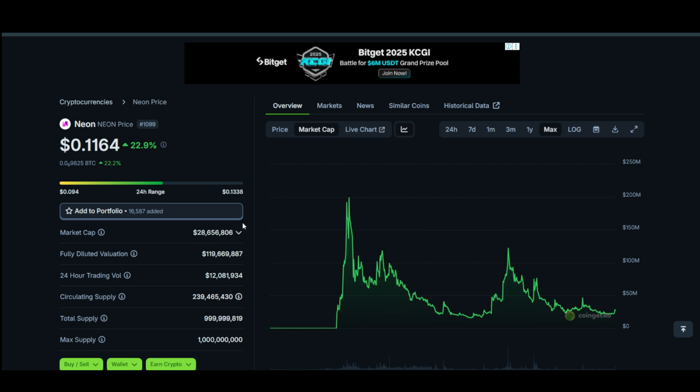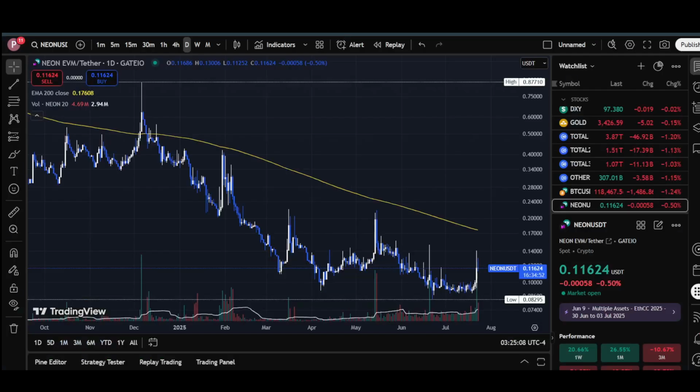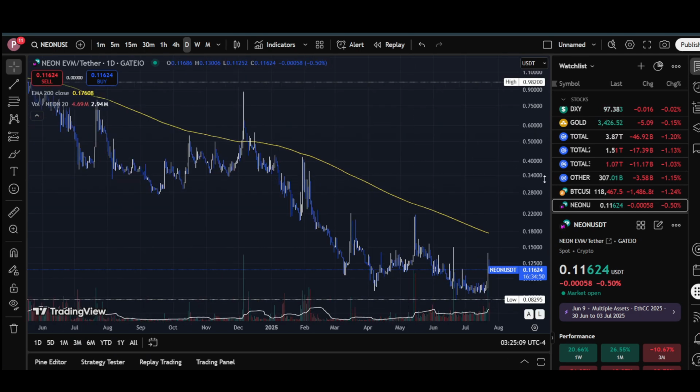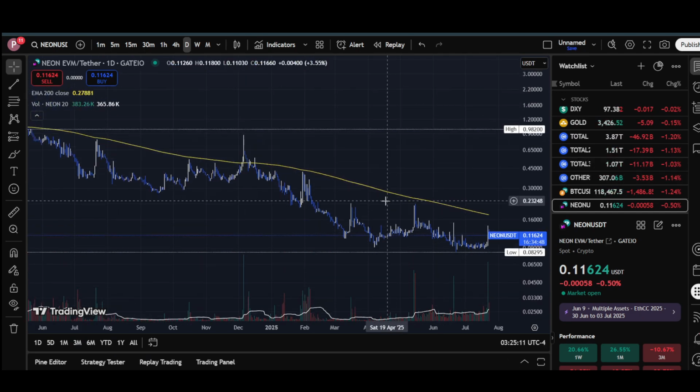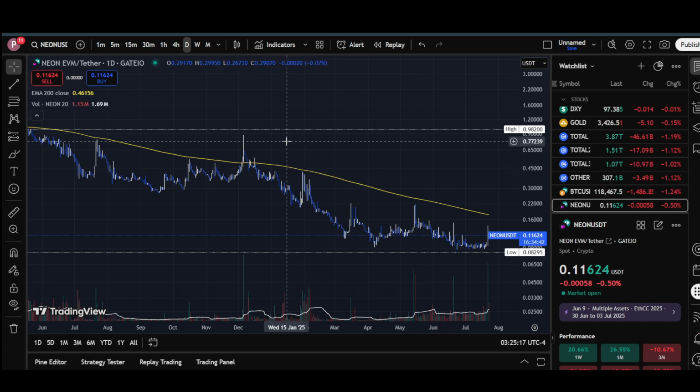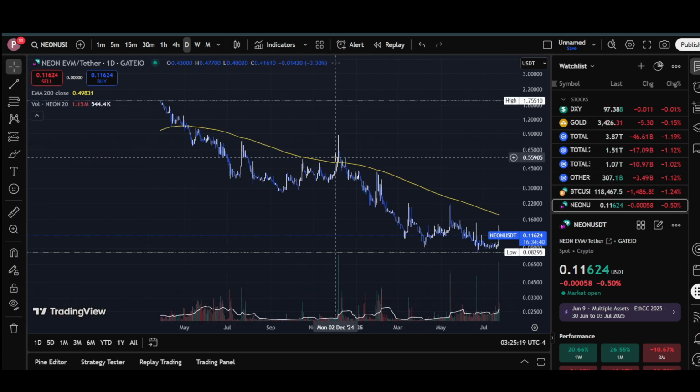So there is a pretty good possibility that it can go as high as 75 million or 60 million, or even 80 million is a possibility. So it seems like there is potential in this coin, at least from the market cap. So if the demand for the coin does increase, there is a pretty good chance that it can go as high as 42 or even 50 cents, or even higher than that.